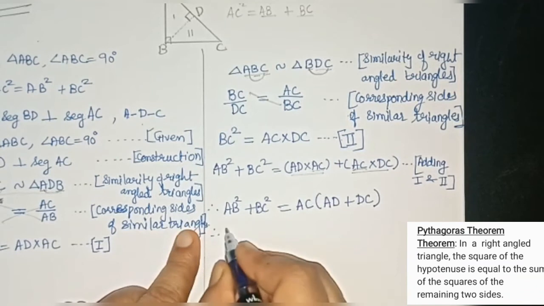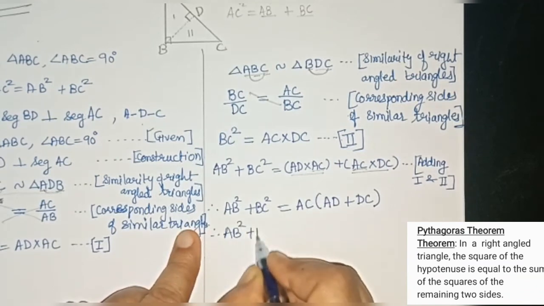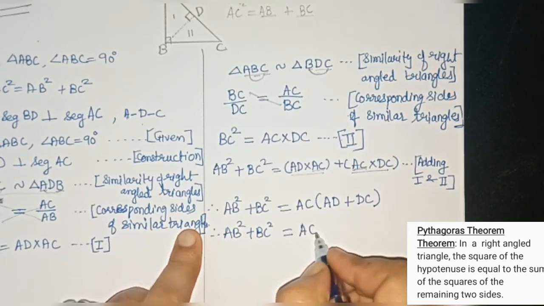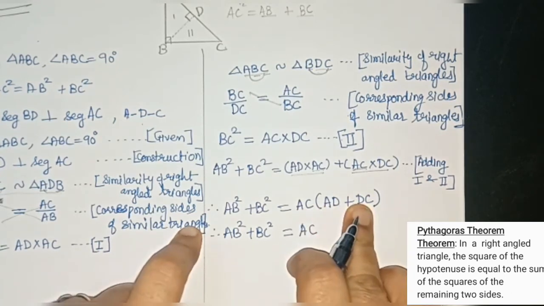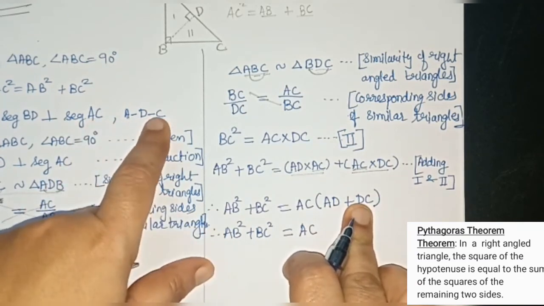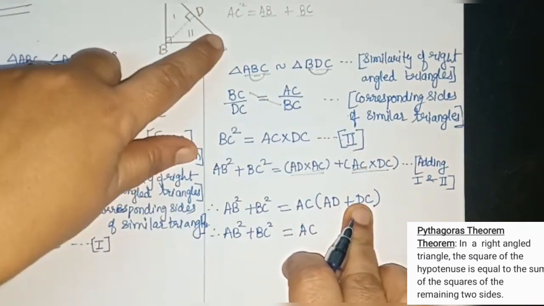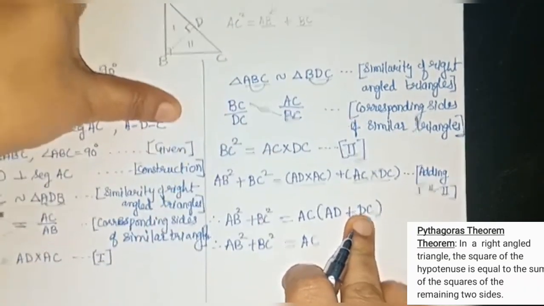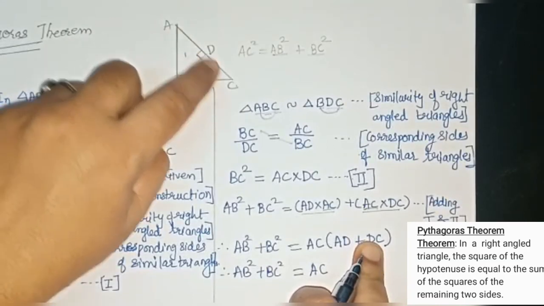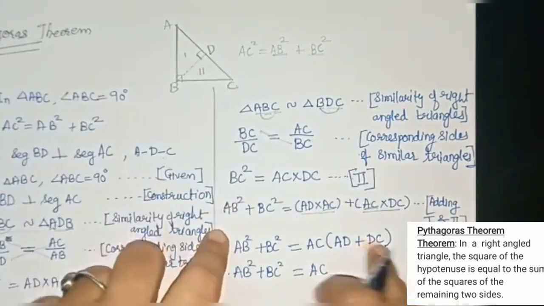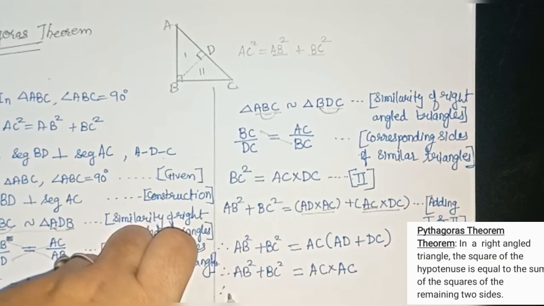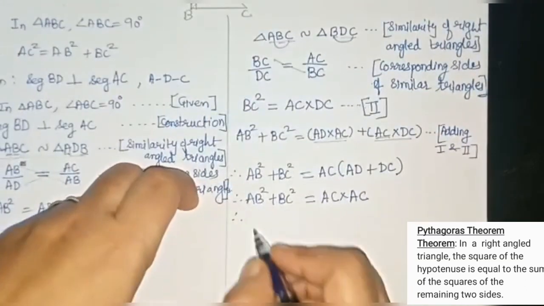So therefore AB square plus BC square is equal to this AC as it is we will write. And what is AD plus DC? See, between this A, D, C, AD plus DC is nothing but AC. So here for AD plus DC we can write AC.